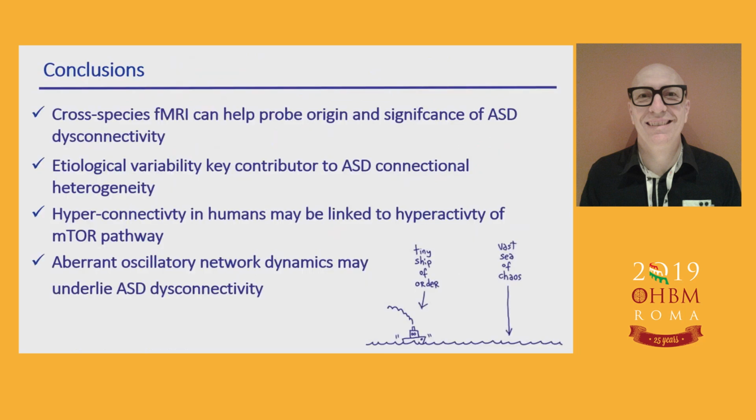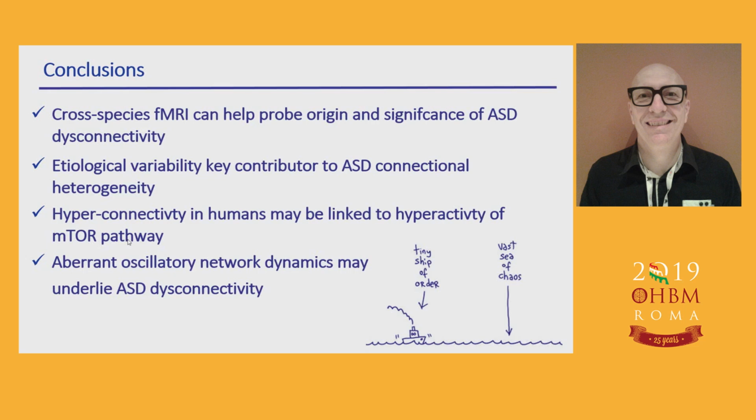So my time is up, but I just want to give you, very briefly, some take-home messages. First and foremost, I hope I have convinced you that there is scope for using cross-species fMRI to try and understand what happens in the clinic, to inform mechanistically what we get. Keep in mind that etiological variability, genetics mostly, is a key contributor to autism connectivity heterogeneity.